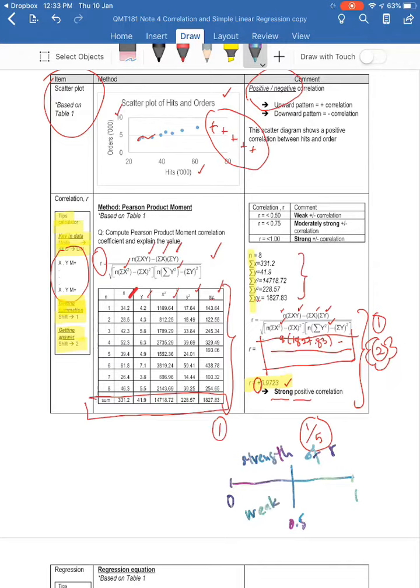And for the strong part here, we divide into 2, 0.75, 0.5. So the right hand side here is the strong. Okay, this one we call moderately strong. Okay, so 0.9 is a positive strong correlation between X and Y.